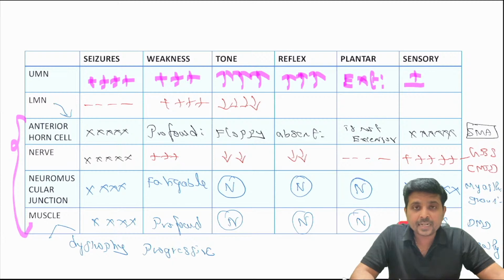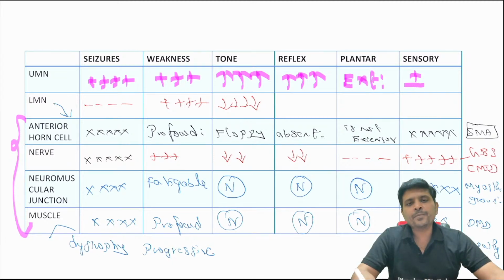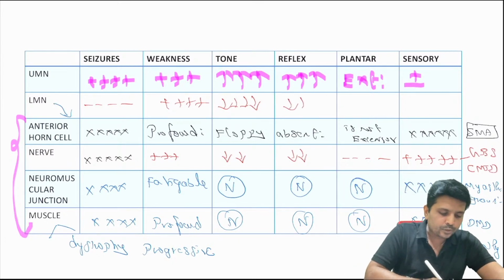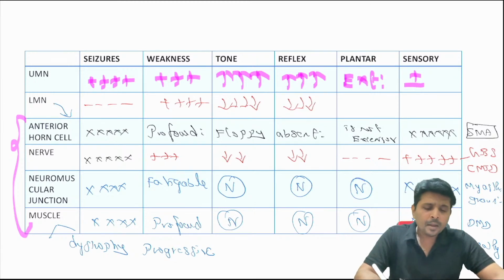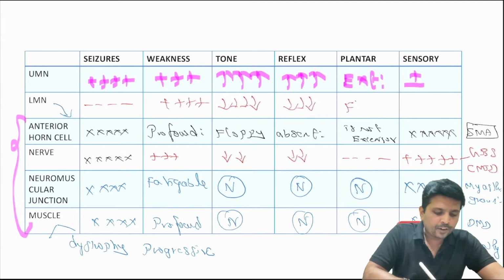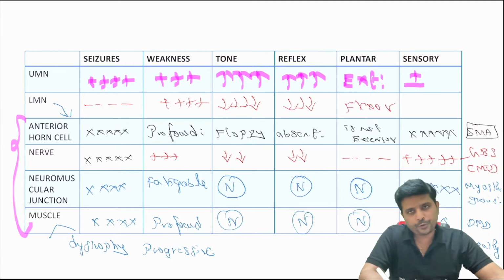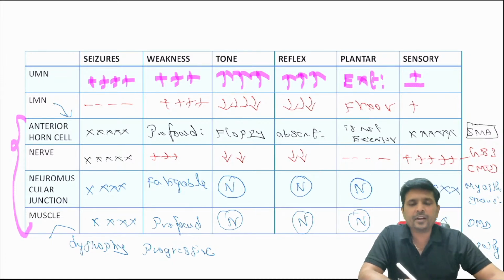Reflexes are exaggerated, brisk in case of upper motor neuron, reduced or absent in case of lower motor neuron. Plantar will be extensor in case of upper motor neuron, flexor in case of lower motor neuron. Sensory may or may not be affected in upper motor neuron, affected in diseases involving peripheral nerve.